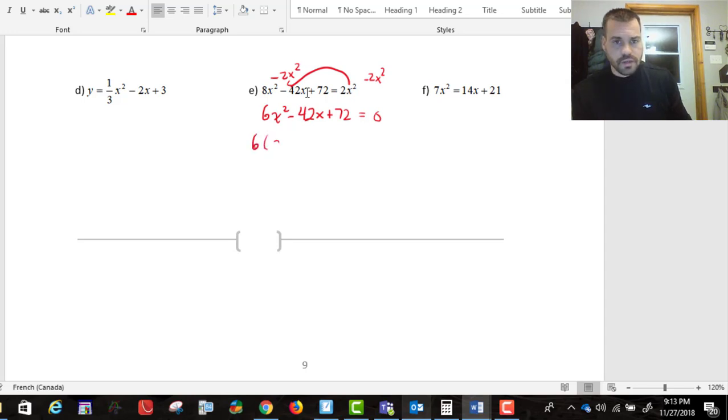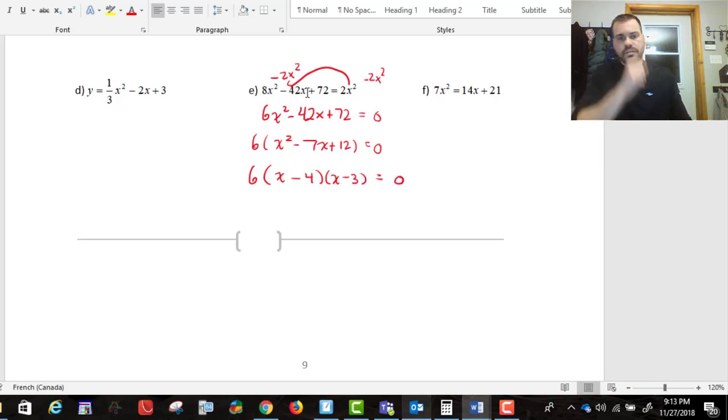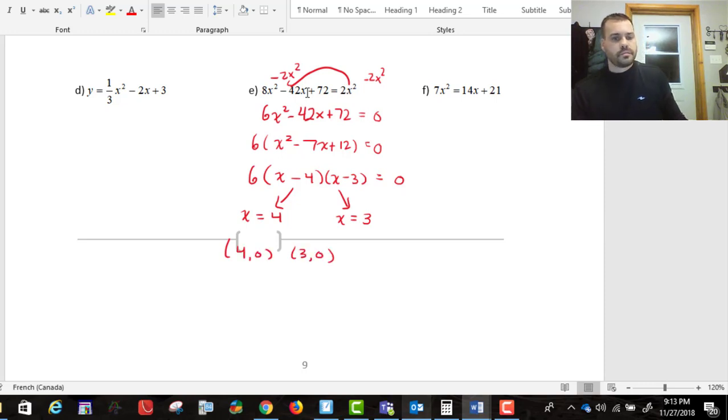So I'm going to go 6 times x squared minus 7x plus 12 equals 0. Then if I solve that by factoring this time, that's x minus 4 and x minus 3. So my two x-intercepts are x equals 4 and x equals 3. I can write them as 4, 0 and 3, 0.